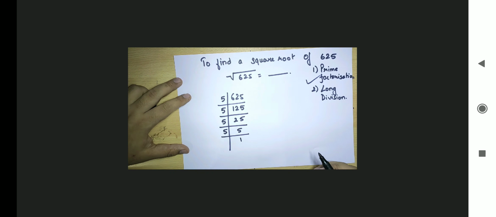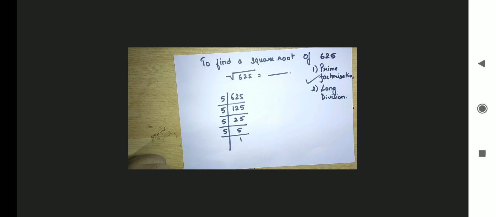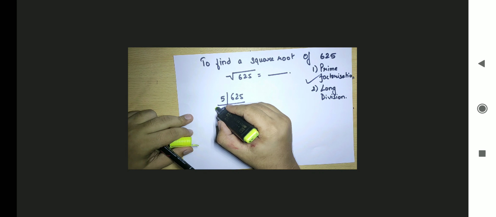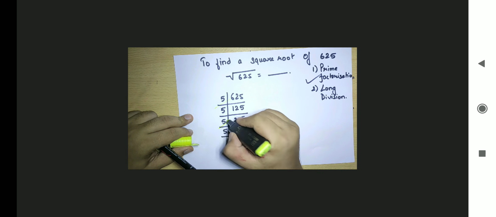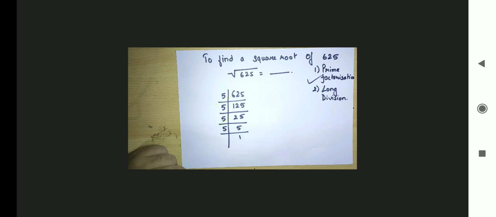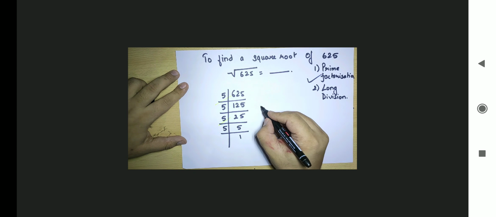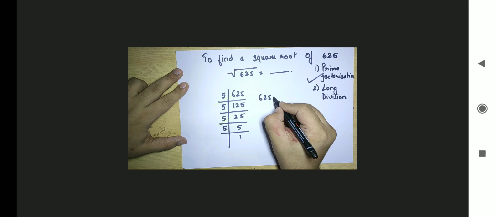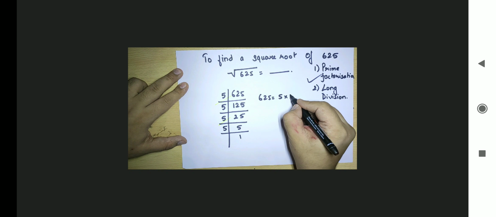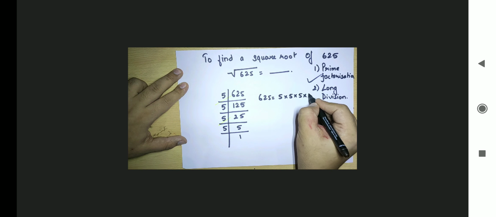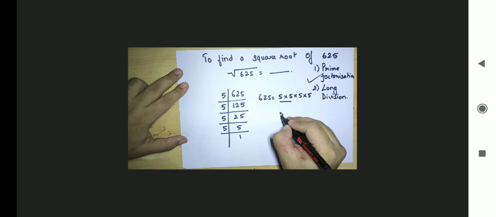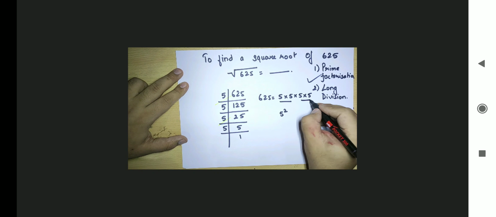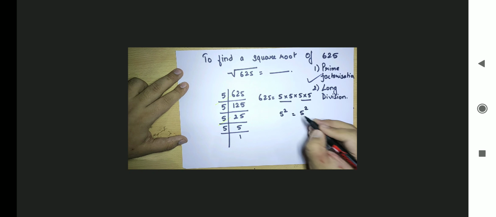So here we have 5 four times. So what we do, we take the first one and the third one. Why did we do like this? Because 625 is equal to 5 multiplied by 5 multiplied by 5 multiplied by 5. What is this? This is 5 square. What is this? This is 5 square.